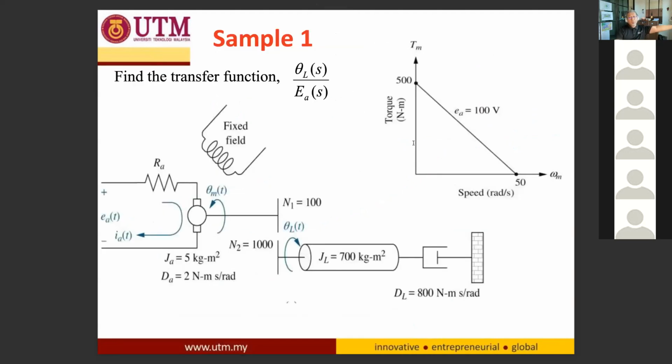Right. So we are giving you an example here. Find the transfer function theta L divided by EA. So EA is the input, which is here. Theta L is the load angular displacement. Okay.